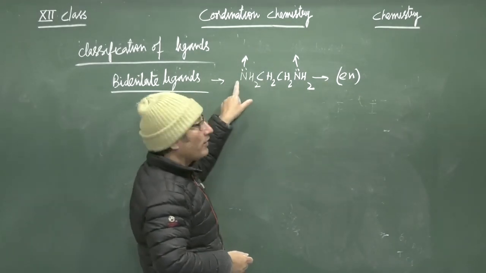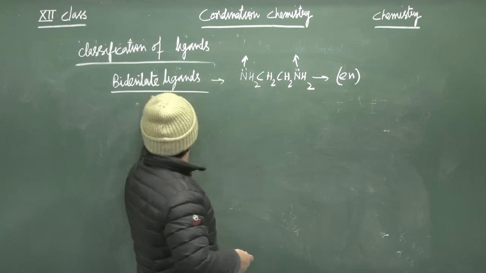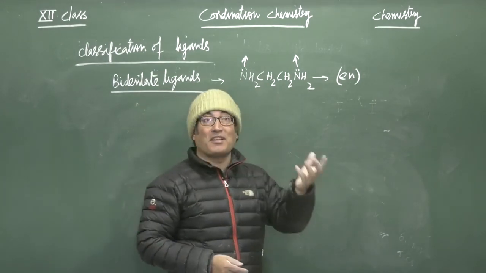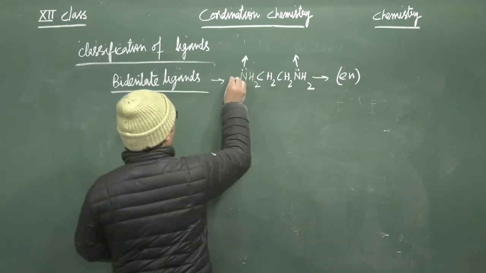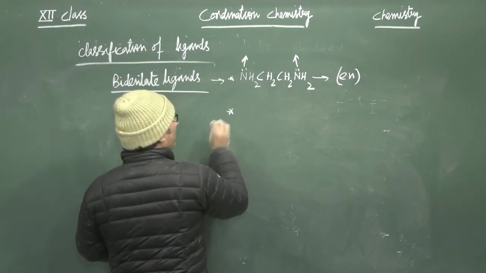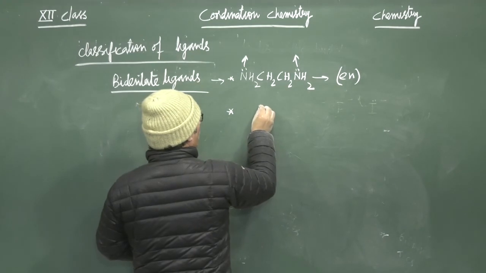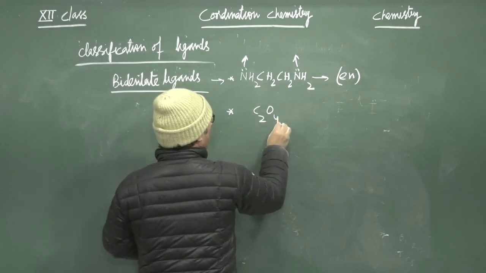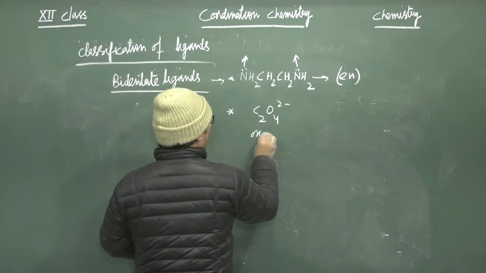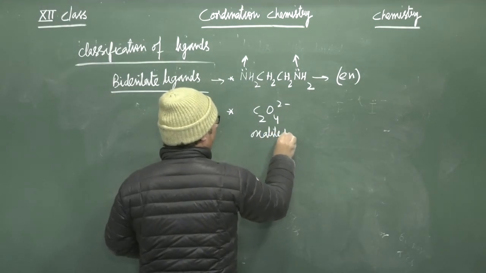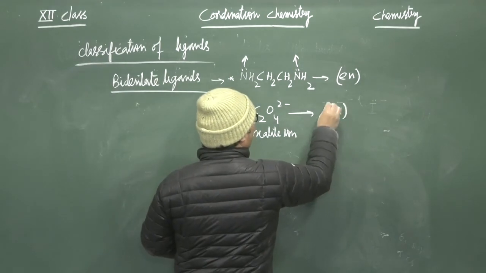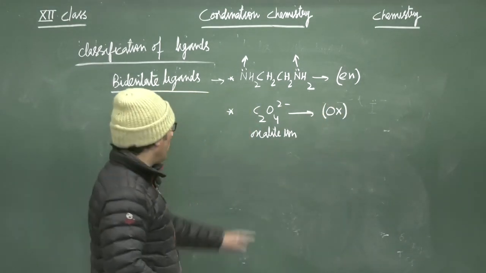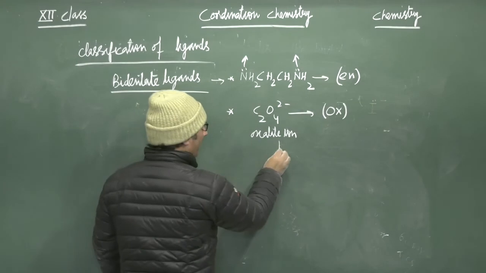And here both the donor atoms are the same. Such bidentate ligands are called symmetrical bidentate ligands, where both the donor atoms are the same. This is one example. Another example is C2O4 2-, the oxalate ion, abbreviated as OX. I'll draw the structure of the oxalate ion.